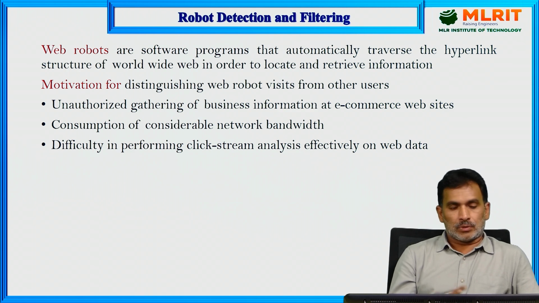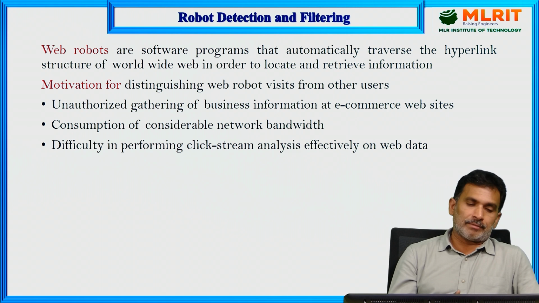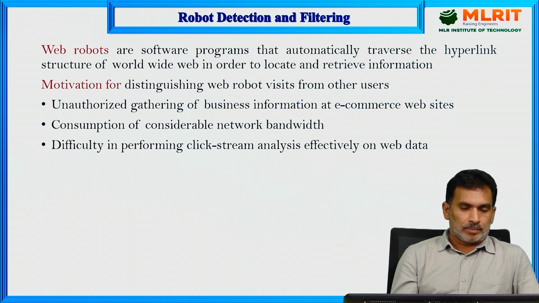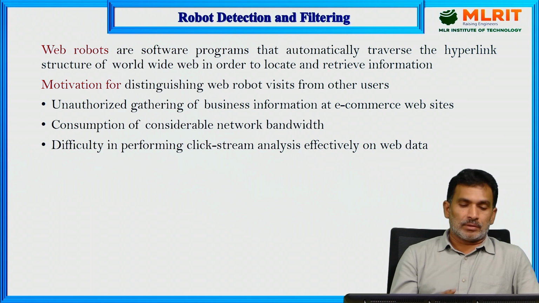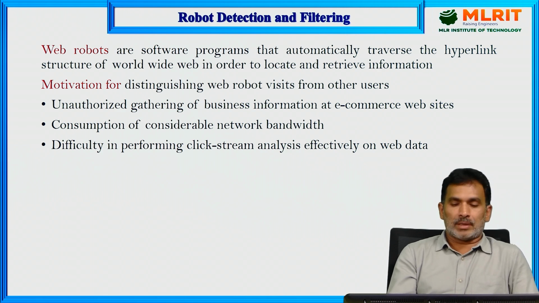Sometimes you may observe the same kind of activity, so it would be difficult to identify whether that visitor is a robot or a normal user. There is also unauthorized gathering of business information at e-commerce websites, consumption of considerable network bandwidth, and difficulty in performing clickstream analysis effectively on the web.